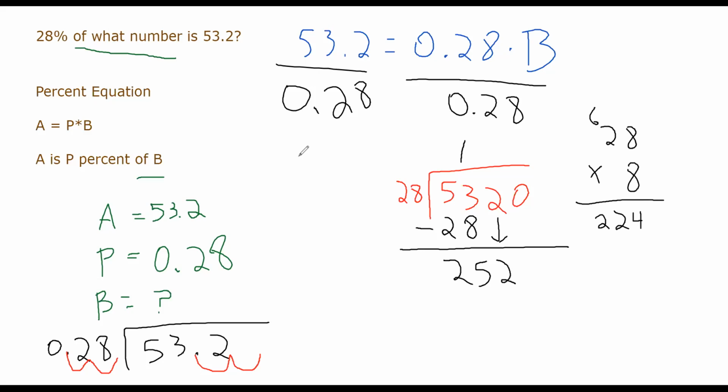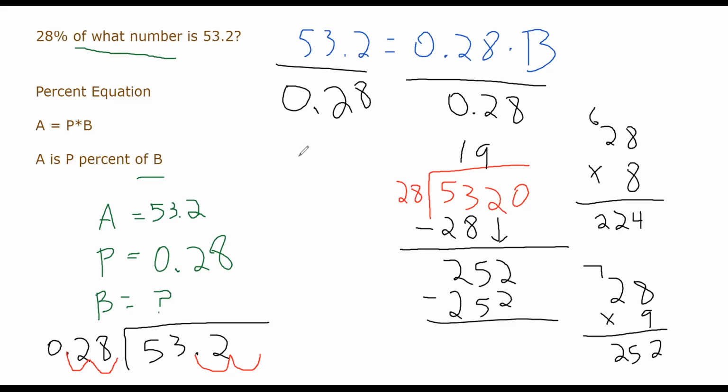And I think it's going to come out nice and clean. 9 times 8 is 72. 9 times 2 is 18, plus 7 is 25. So it's 252 on the dot. We're going to put a 9 here. Then 28 times 9 is 252, as we just discovered, and that's just a 0.